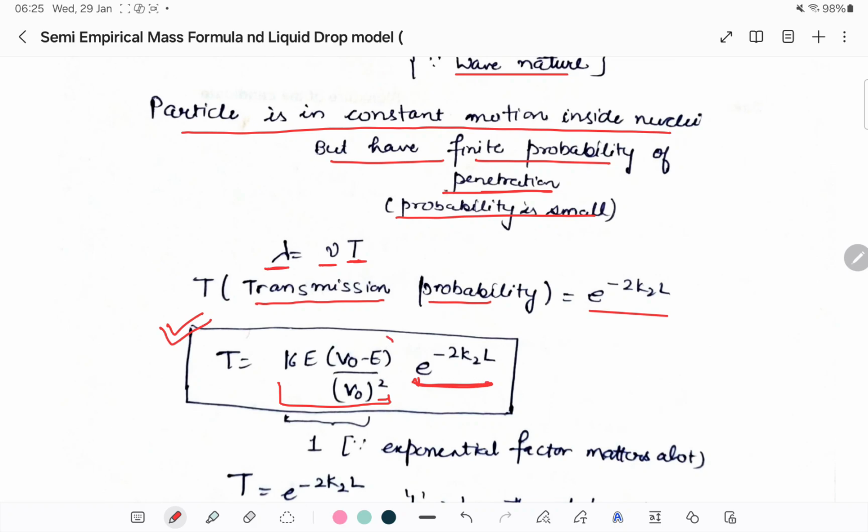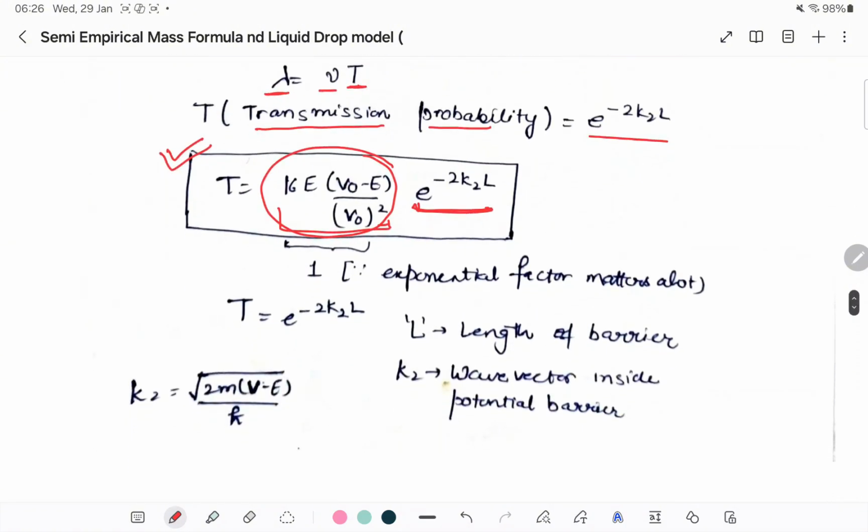So the transmission probability would be e raised to the power minus 2k2 L, where L is the length of the barrier and k2 is the wave vector inside the potential barrier.